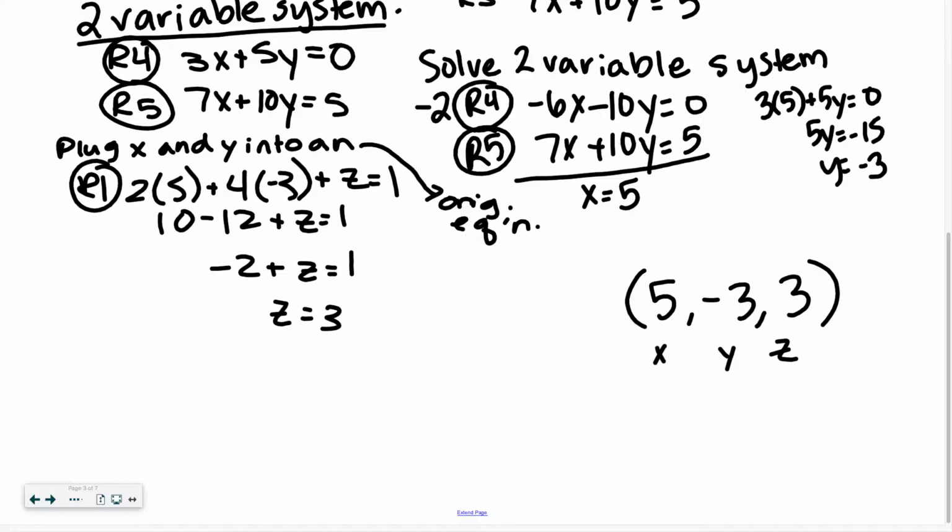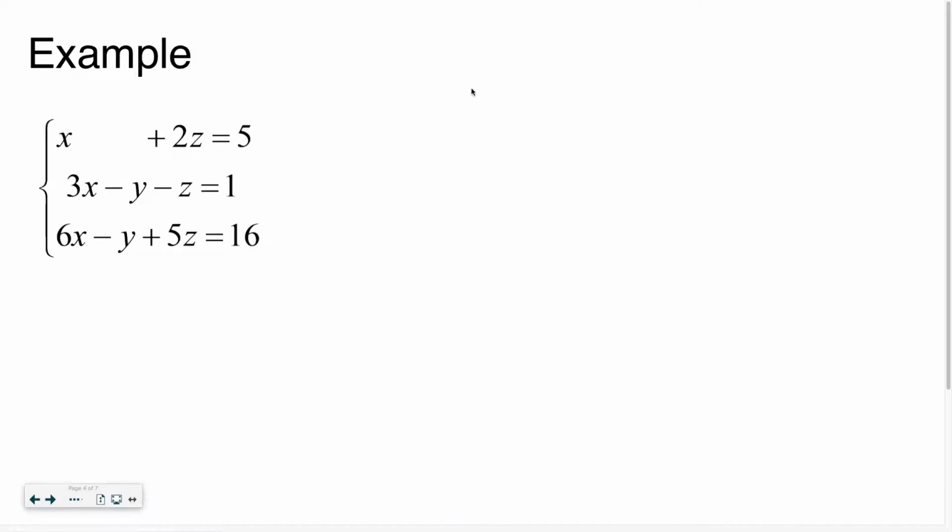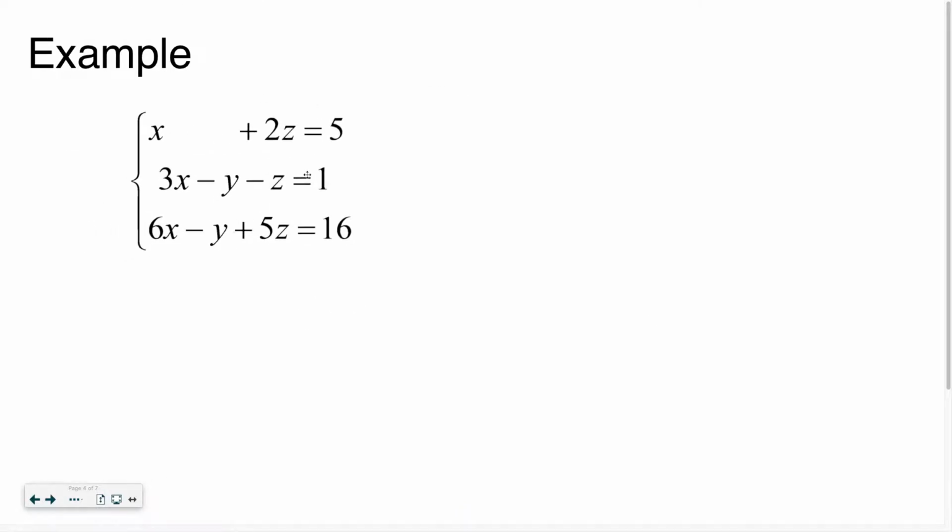Okay. Now I'm going to do another example. This one will go just a little bit faster at the beginning, because as you're writing down row 1, x plus 2z equals 5, it's already missing a y, right? So that's good.